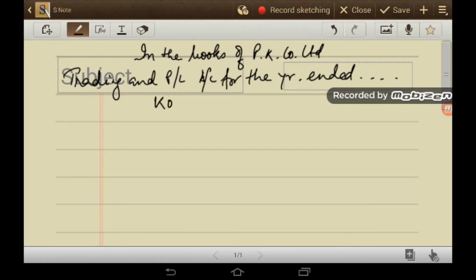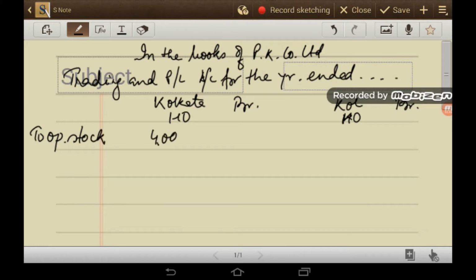So Kolkata HO, and this is Mumbai branch, again Kolkata HO, and this is the branch. So we have opening stock for rupees 40,000 and 32,000.